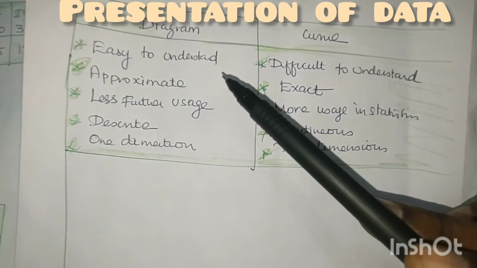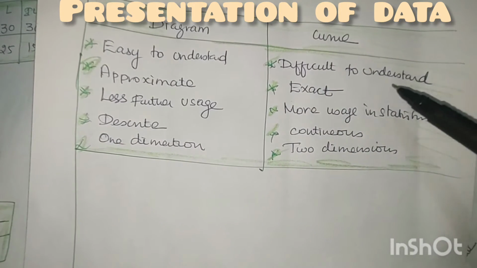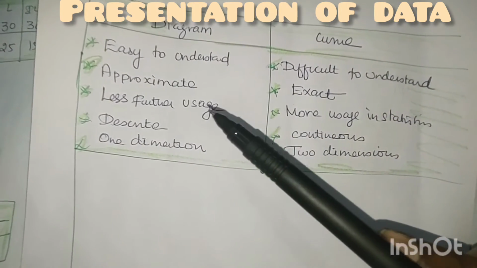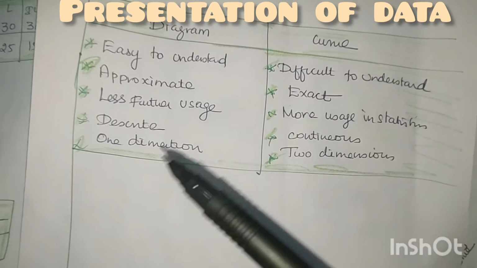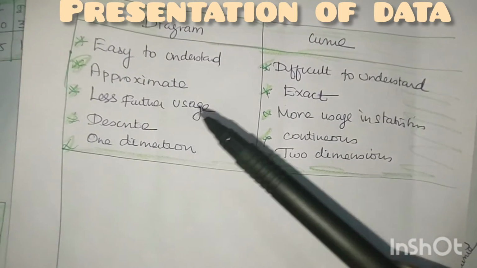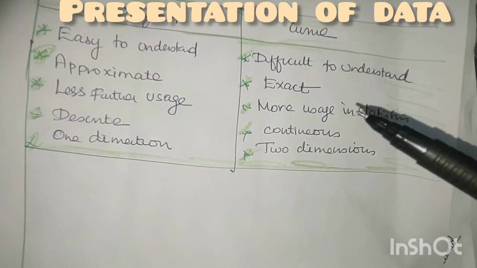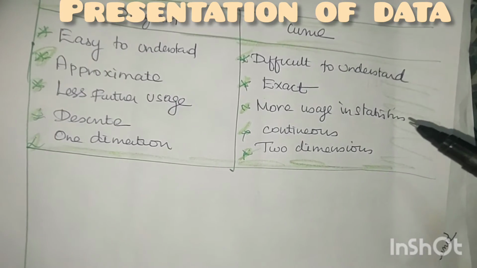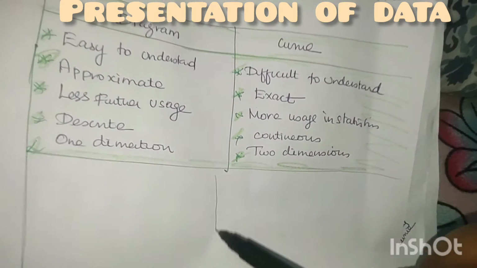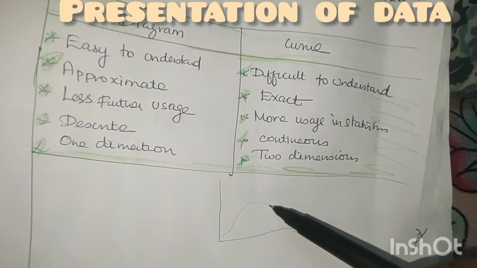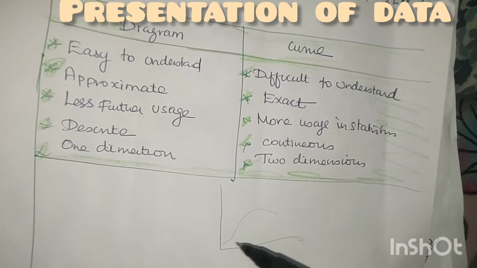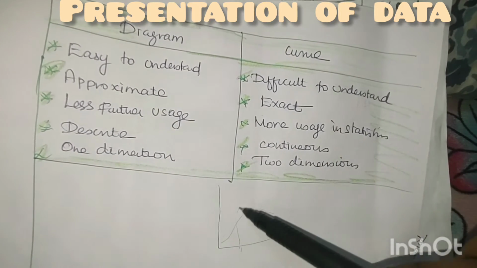And one more thing you have to understand, what is a diagram and what is a curve. A diagram is easy to understand, but a curve is difficult to understand. A diagram is approximate, but a curve is exact. A diagram has less further usage, but a curve has more further usage in statistics. For example, this year I am drawing one curve about corona. Next year, I can put how the corona has come, and use it in another year.